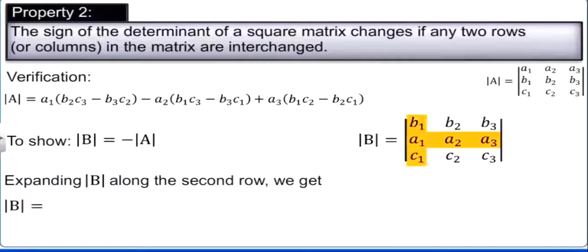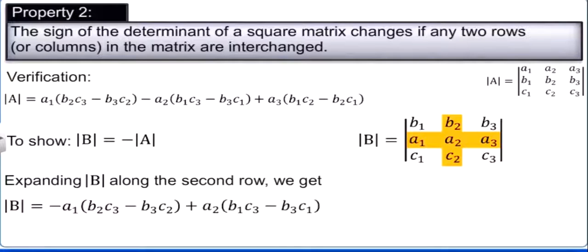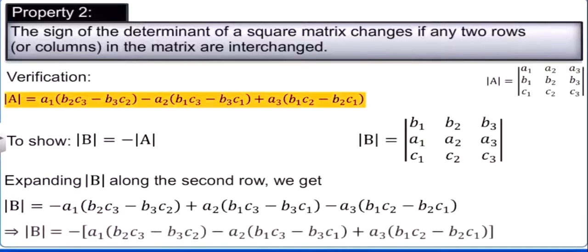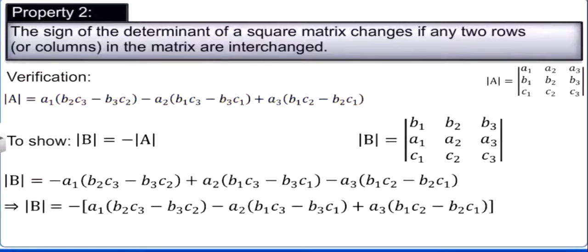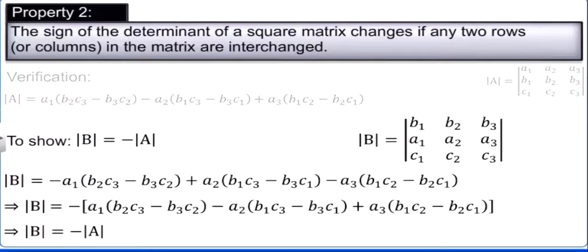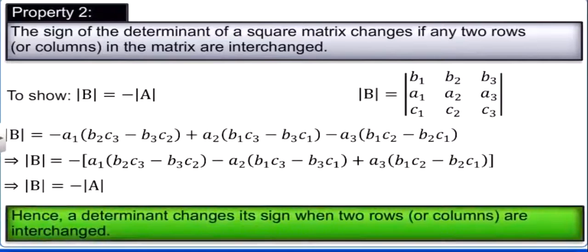We get minus A1 times (B2 C3 minus B3 C2) plus A2 times (B1 C3 minus B3 C1) minus A3 times (B1 C2 minus B2 C1). Observe that this is the expansion of minus determinant A. Thus we have determinant of B is equal to minus determinant of A. Hence we can say that a determinant changes its sign when two rows or columns are interchanged. This verifies the property.